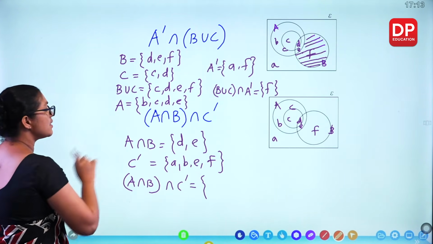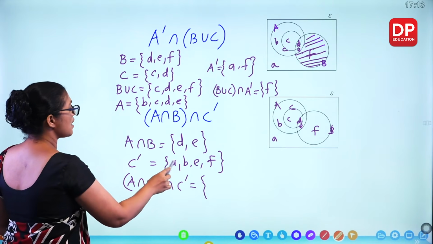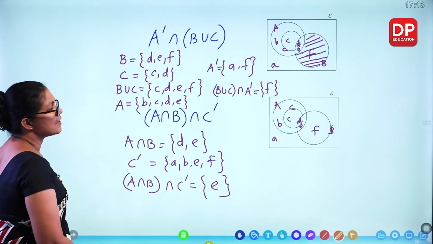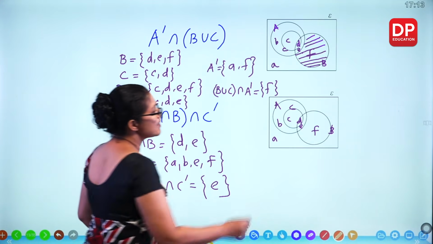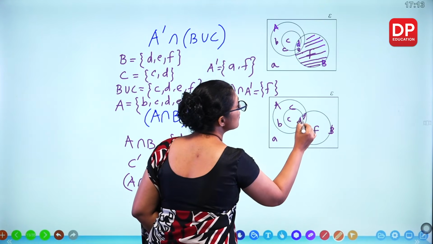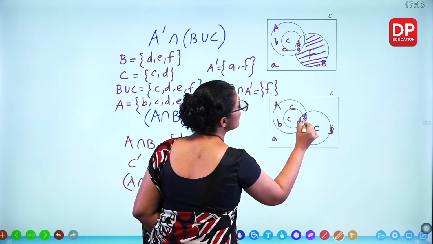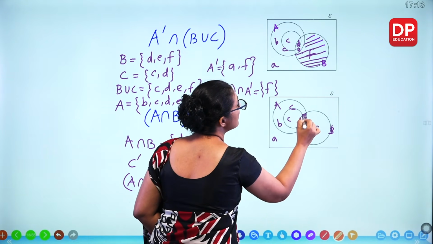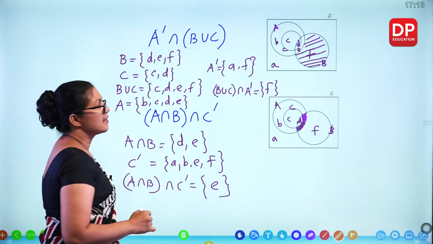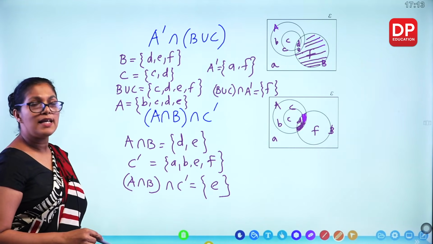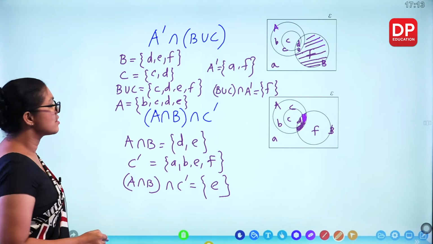What are the common parts here? E is the only one. So what's E? E is this region. So this small part is E. So you can color only this part. So that's the region for A intersection B intersection C dash.